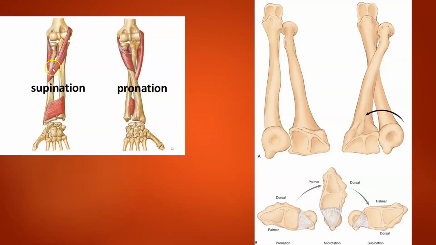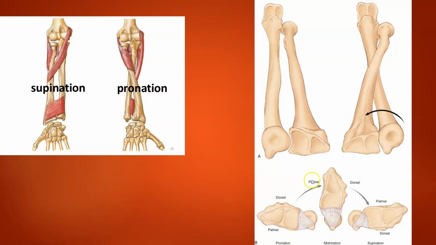So again, we can see our pronator teres and our pronator quadratus and our supinator, and you can see the roles they play here. You can also see here is the head of the radius way up here at the proximal radioulnar joint. Here is the distal part with the head of the ulna as it sits in the ulnar notch of the distal radius, and we can see how it spins around.